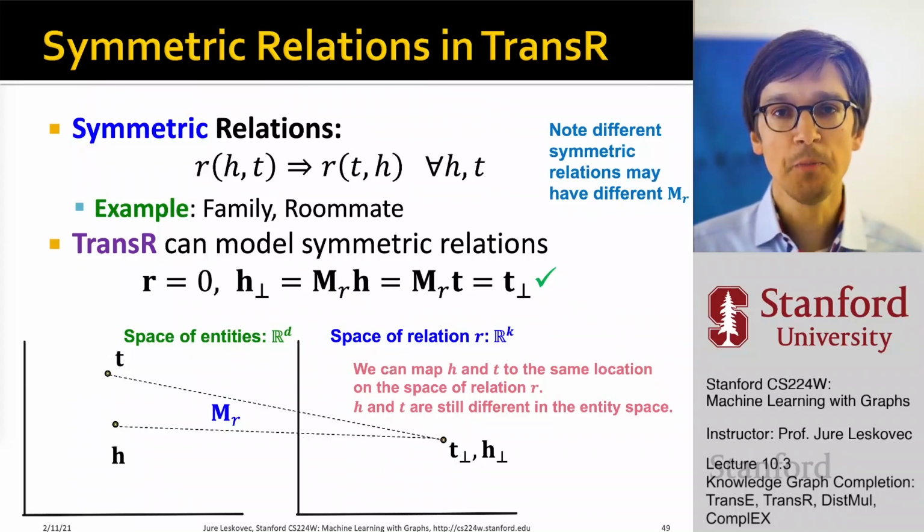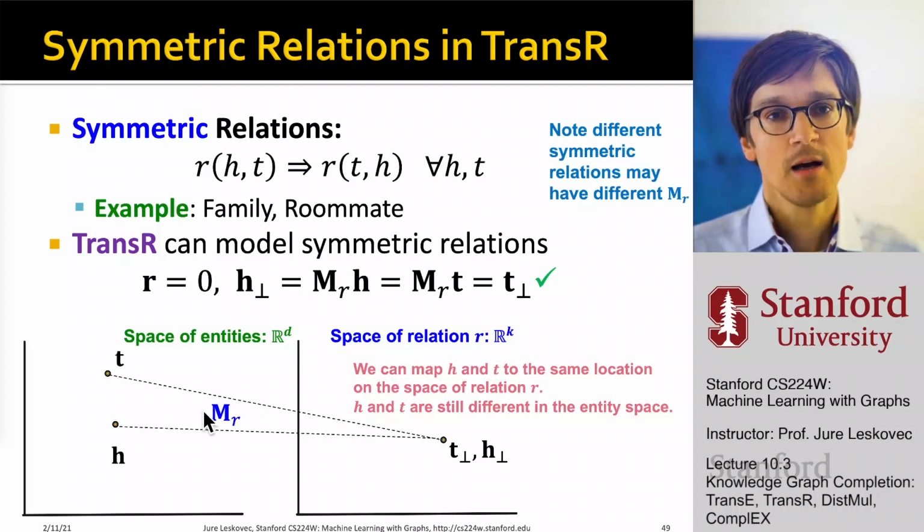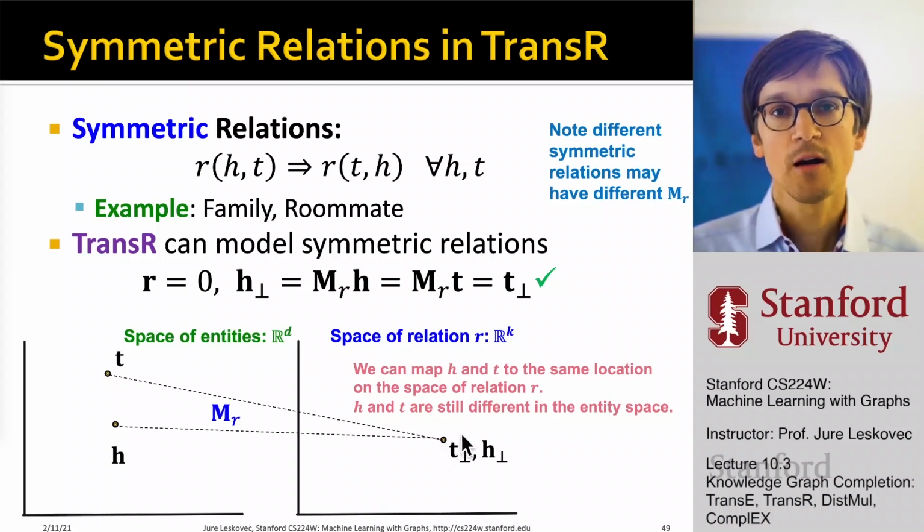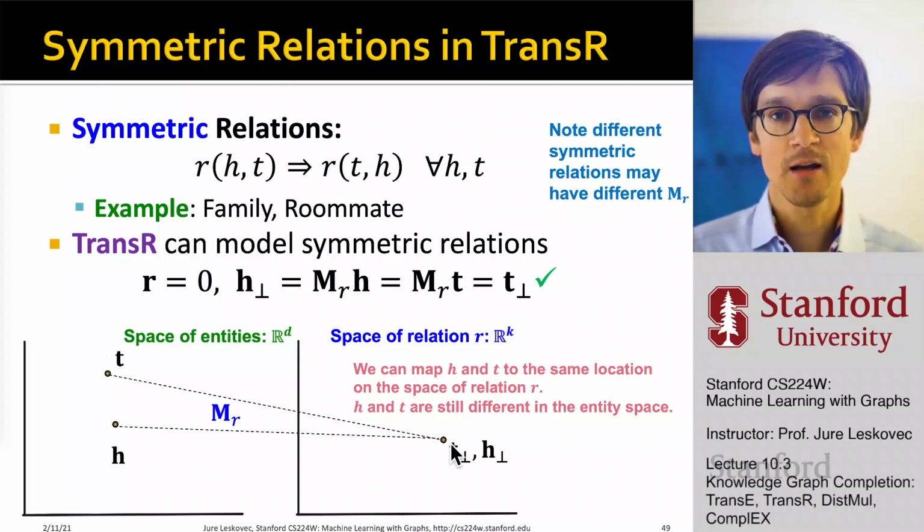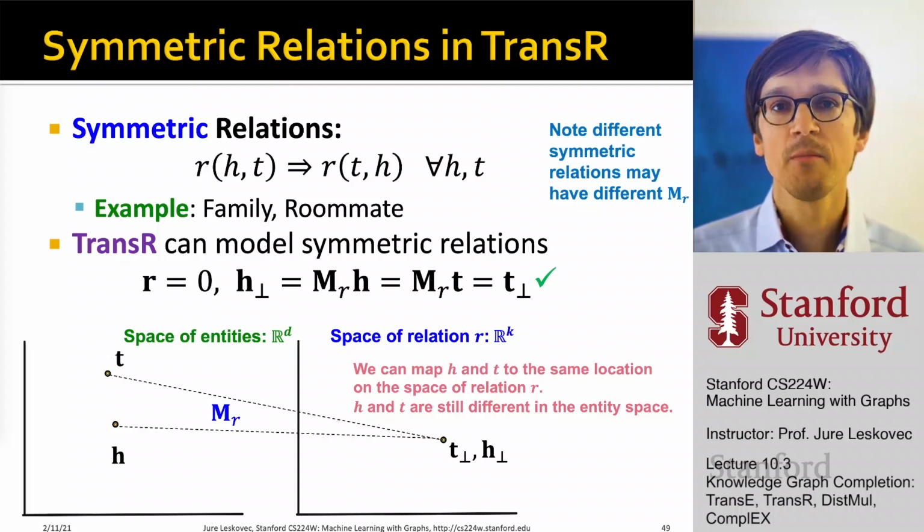So two people that are roommates will be mapped into the same point, so that now I'll be able to say no translation needed, R is 0, and I have this symmetric relationship. This is what this allows us to do, which for example TransE was not able to do.